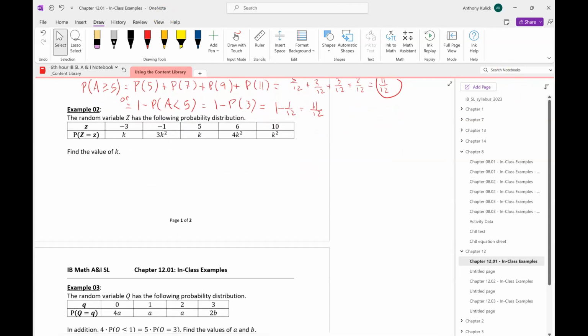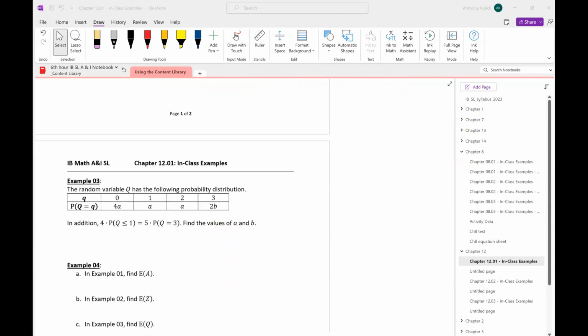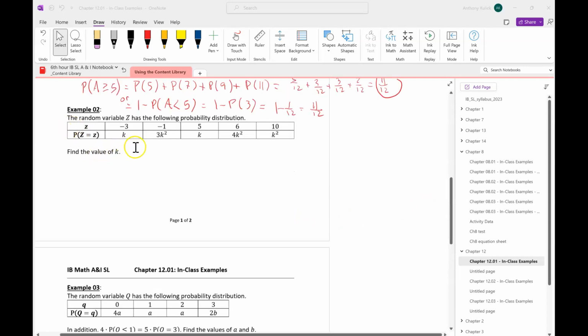All right. Let's look at this next one. So here we're given a probability distribution, and we're asked to find the value for K. And Christian, this is going to be yours.